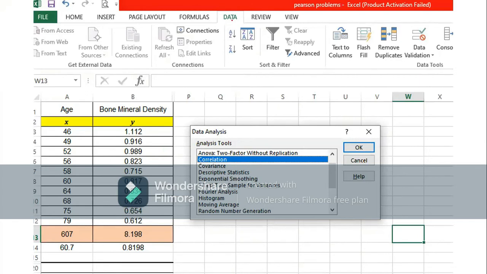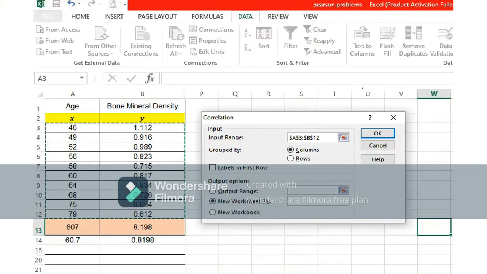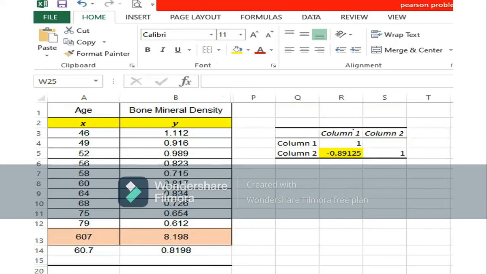You input the data given in Excel, then select the data tools or data analysis, then select correlation, since Pearson's R is a correlation test. After the data analysis, it gives this value: negative 0.89125.